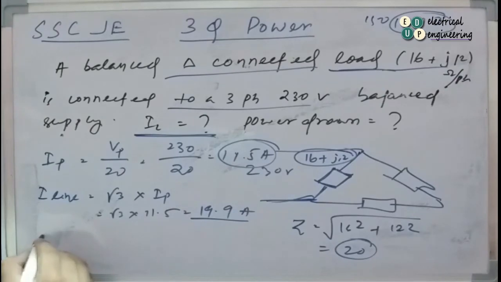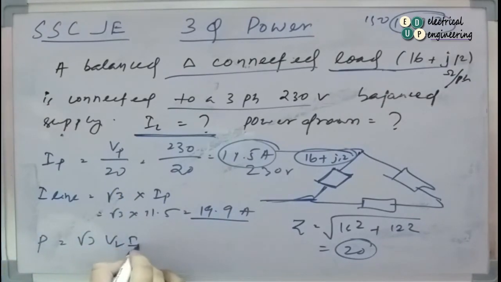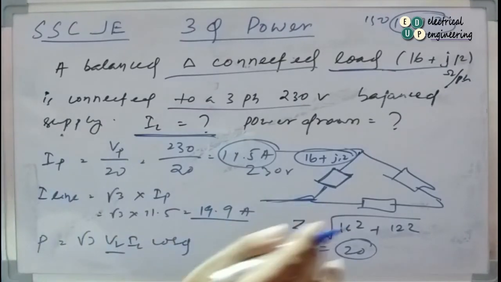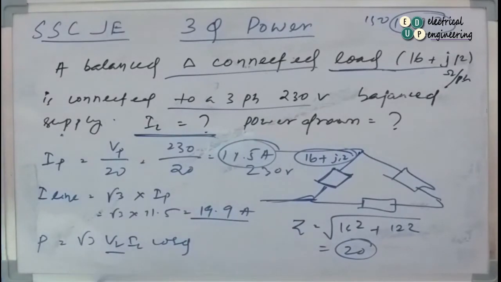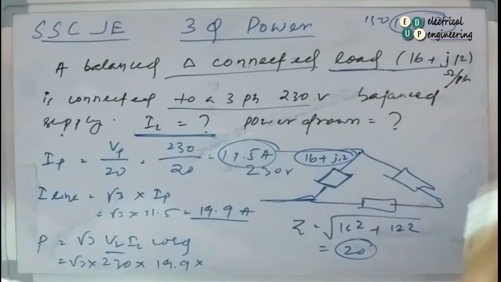Power in terms of line voltage and line current is root 3 VL IL cos phi. You know VL is the same as V phase in case of delta, so it is 230 volt. So root 3 into 230 into IL, which is 19.9, into cos phi. You don't know the cos phi, right? You just find phi from this complex form of impedance.